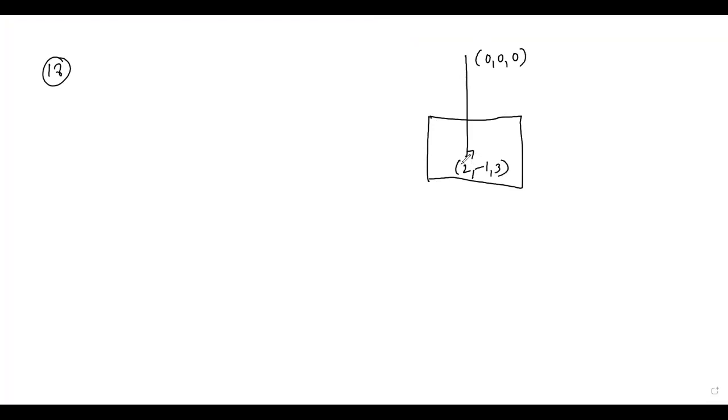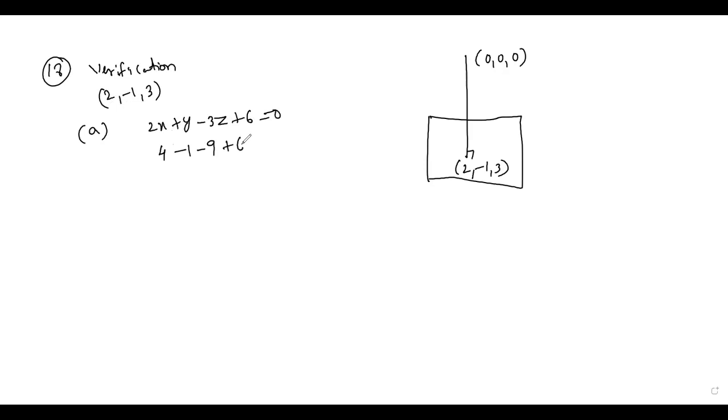2, minus 1, 3. I think we can go through verification also, because the foot of the perpendicular clearly lies on the plane. So what is the foot of the perpendicular? 2, minus 1, 3. Take the first option, 2x plus y minus 3z plus 6 equal to 0. X value 2, 2 2s are 4, minus 1, minus 9 plus 6, 10 minus 10 equal to 0.